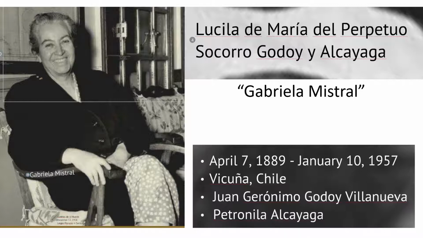So, some basic information about Gabriela Mistral. She was born in April 1889, and she died on January 10, 1957. She was born in Vicuña, Chile, because this piece represents Latin America. Chile is part of Latin America, and her parents were Juan Jerónimo Godoy Villanueva and her mother Petronila Alcayaga.